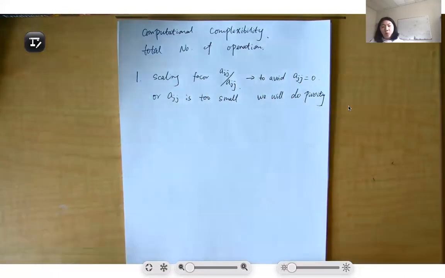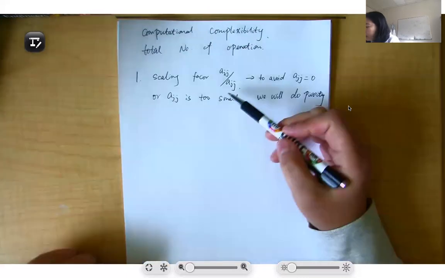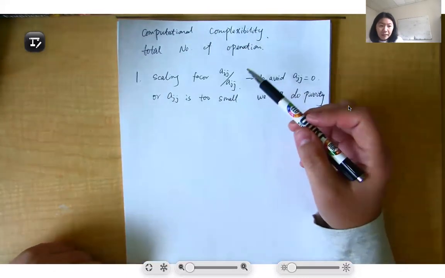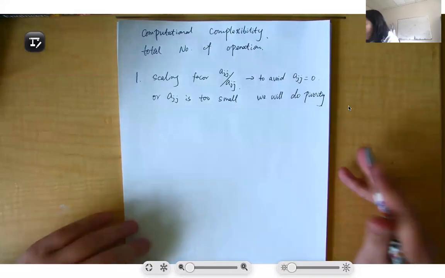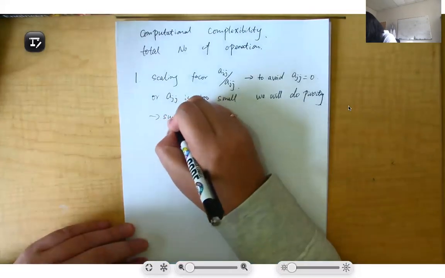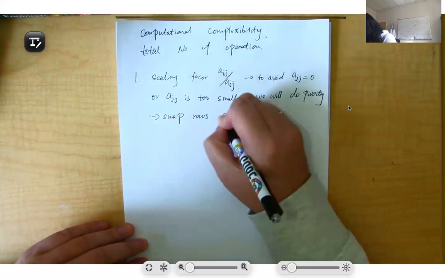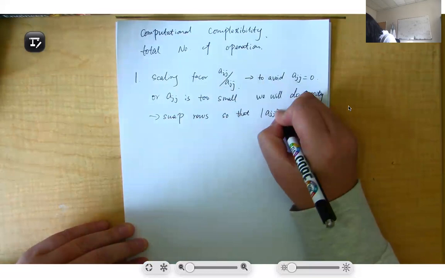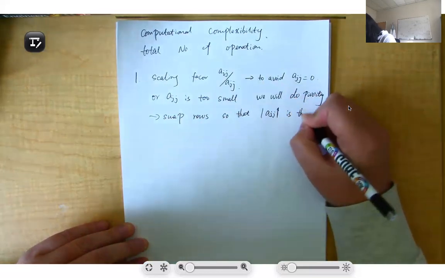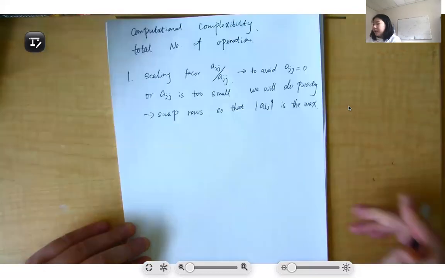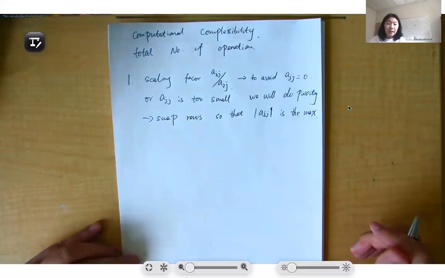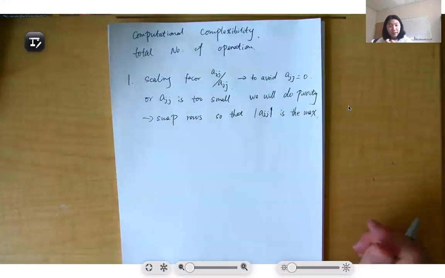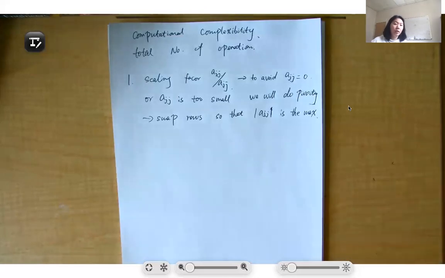So what is pivoting? You will swap the row orders so that Ajj is the largest in the system. Swapping rows is one of the elementary row operations that is still within Gauss elimination.